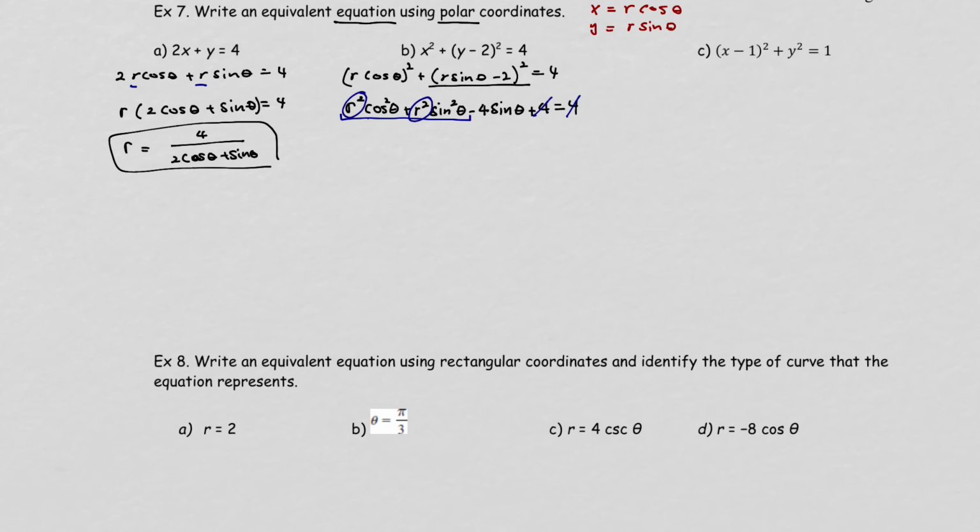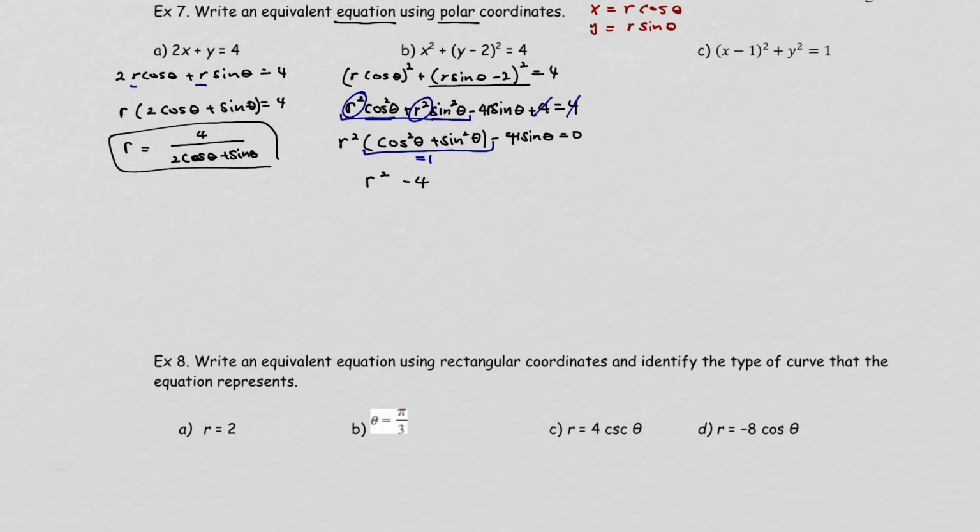Why? Because then cosine squared theta plus sine squared theta equals 1, using the identity properties. So when we factor r squared, I get r squared times cosine squared theta plus sine squared theta, minus 4r sine theta equals 0. And we know this is equal to 1. So you get r squared minus 4r sine theta.